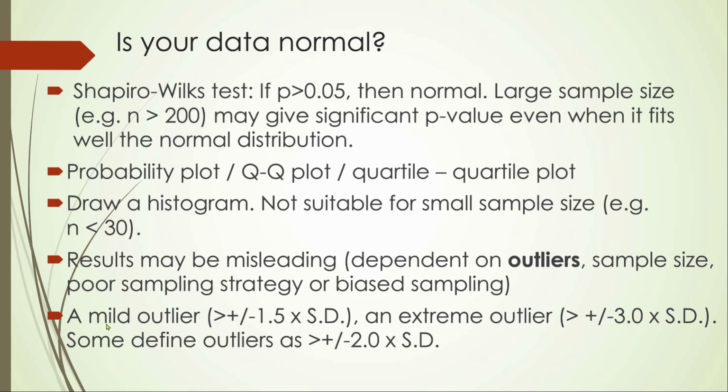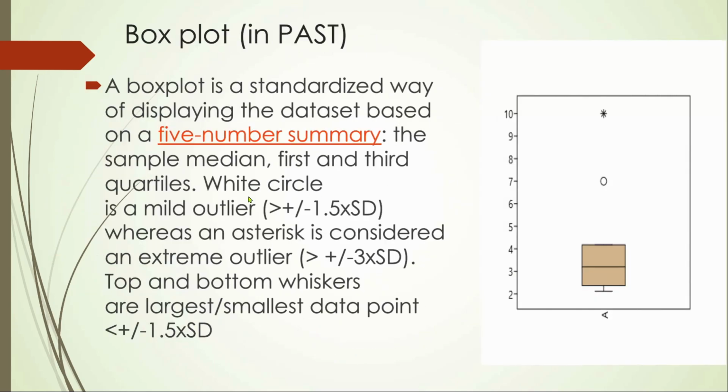Sometimes results may be misleading because of outliers in your sample. So outliers can be categorized as mild outlier, outside the plus minus 1.5 standard deviation, and extreme outlier, outside the plus minus 3 times standard deviation. Some papers will define outliers as outside the plus minus 2 times SD. So in PAST, it's very convenient to find outliers by using a box plot.